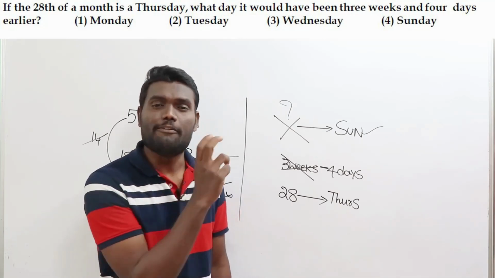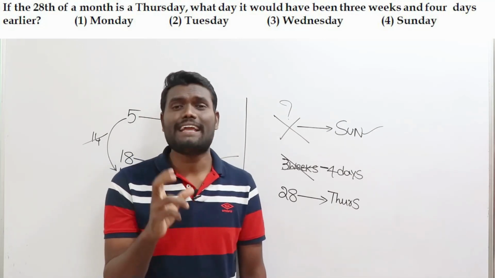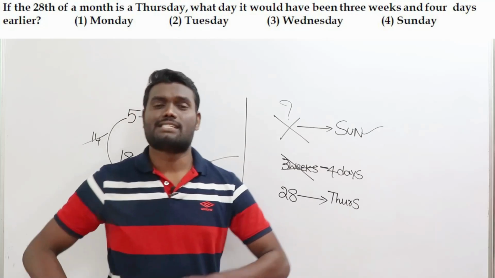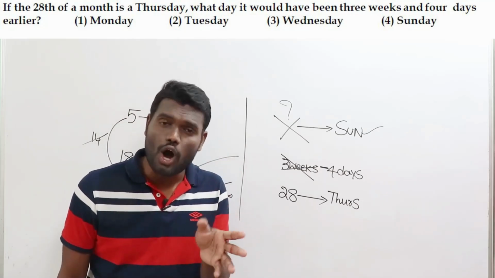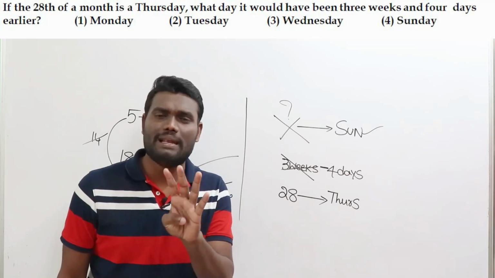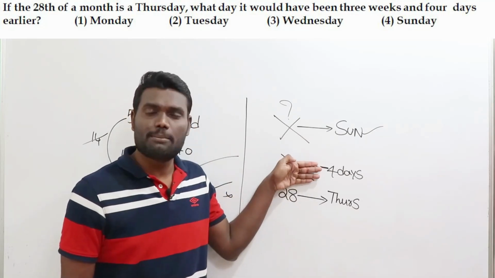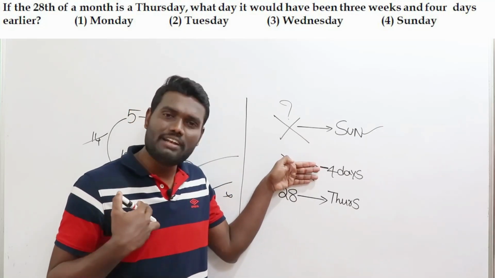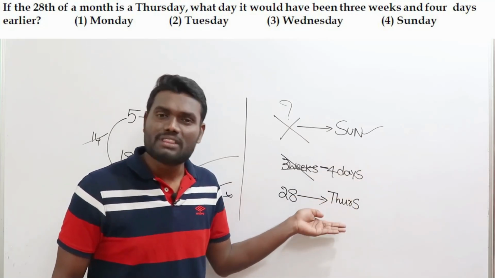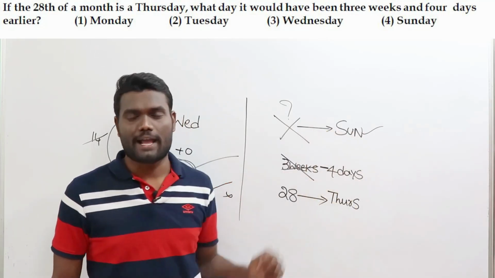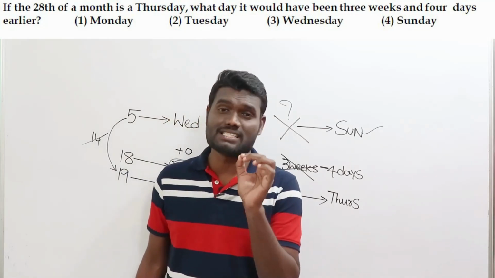As the number of odd days is 0, 3 weeks 4 days back or 4 days back are both the same. So I will consider only 4 days and go 4 days back. From Thursday, if you go 4 days back, the answer is going to be Sunday.